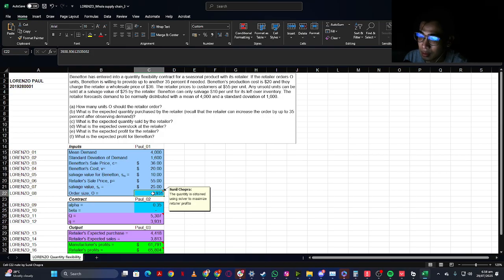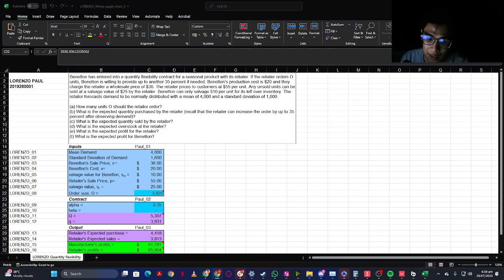If you're going to ask how we obtain the order size, the quantity is obtained using the Solver to maximize retailer profits. So we have here a step-by-step process on how to actually do it.